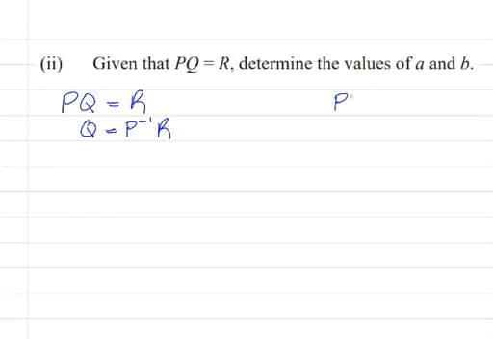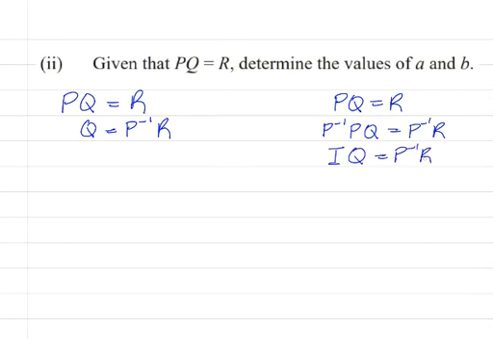PQ is equal to R. Now, if I multiply both sides by P inverse, I'm going to have P inverse R. P times P inverse, if you multiply a matrix and its inverse, you get the identity matrix. So IQ is equal to P inverse R. If you multiply a matrix by the identity matrix, you get back the matrix itself. So Q, my unknown matrix, is equal to P inverse R.